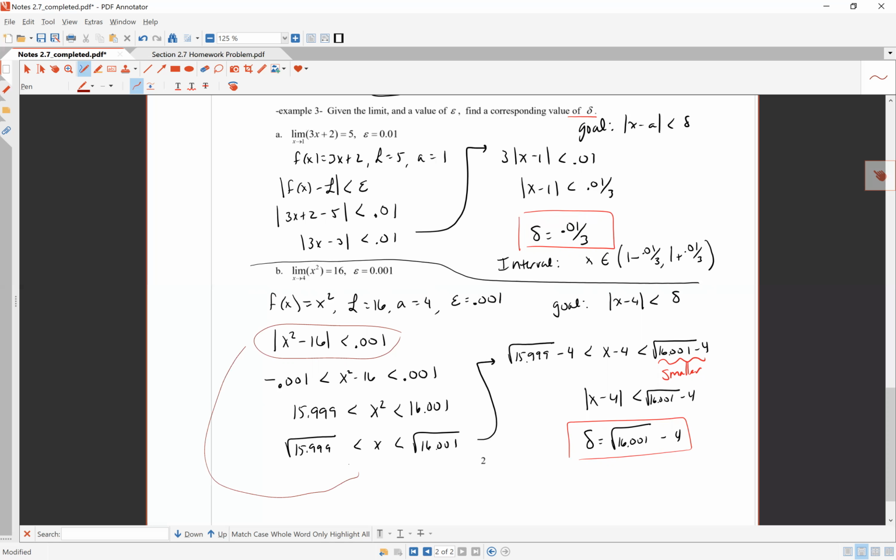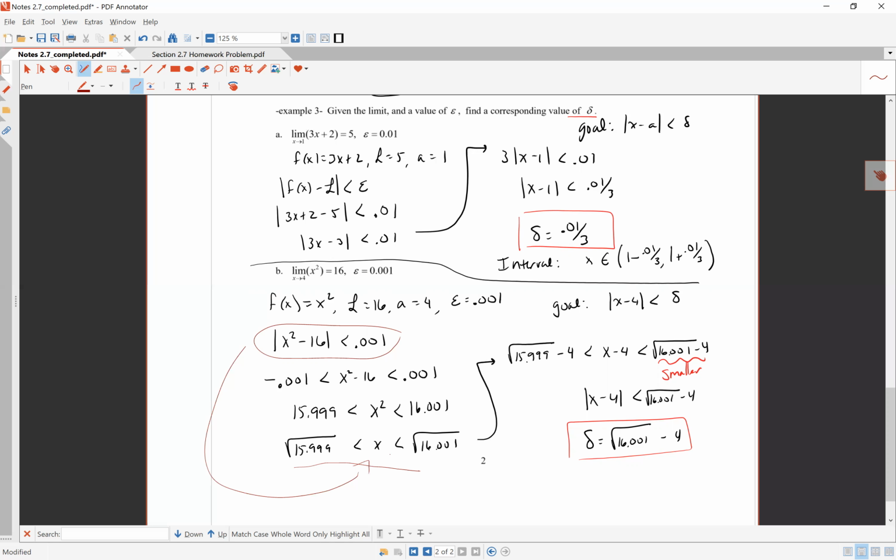You can then conclude that x must be greater than the square root of 15.999 and less than the square root of 16.001.